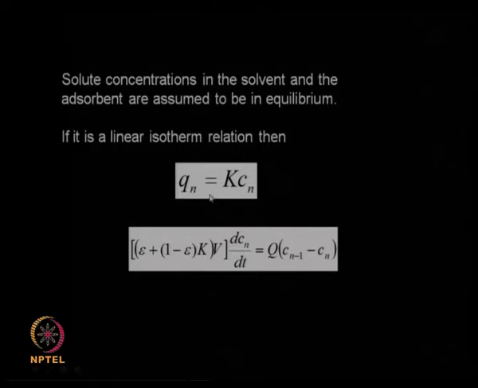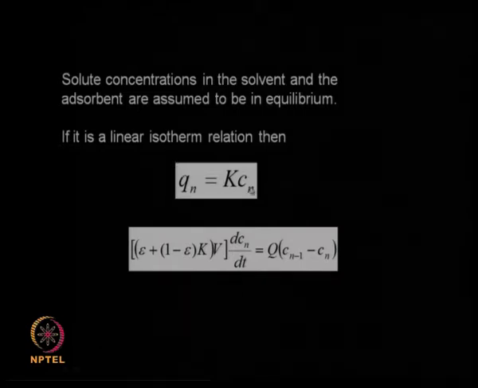We can have a non-linear type of relationship, we can have a Langmuir type of relationship and so on, but the simplest is that the solute adsorbed on the stationary phase and the solute in the mobile phase are linearly related.